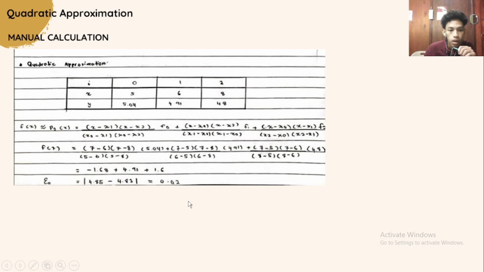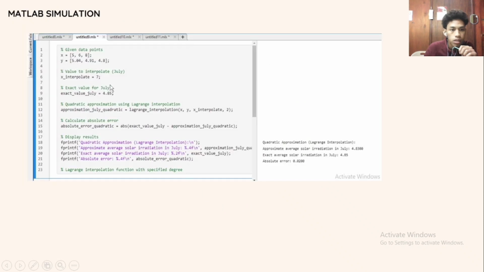We move to the MATLAB simulation. The given data points are X, months 5, 6 and 8, and Y 5.04, 4.91 for June, and 4.8 for August. The interpolate value is 7 as usual, and the exact value is 4.85.